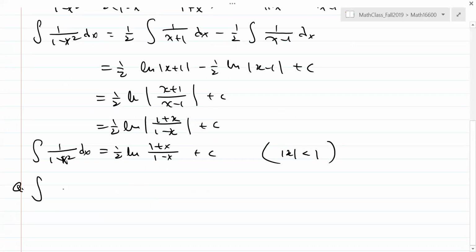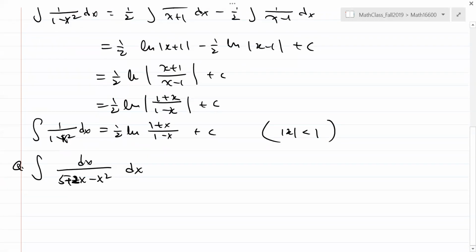For example, if you have the integral of 1 over 5 plus x minus x squared dx, something like that. I can make it easier. Just put a 2 here, 2x.